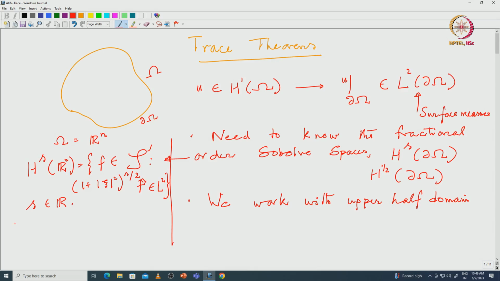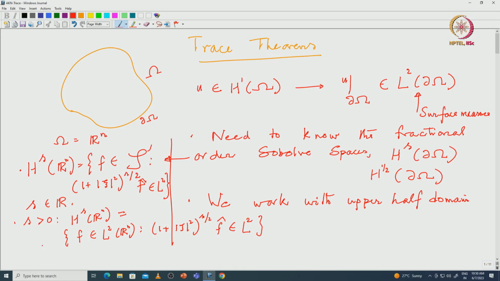But when s is positive, there is an immediate remark: you can characterize this a little more, because once s is positive you do not even have to go to tempered distributions. Hs of Rn will be the set of f in L2 of Rn such that the same formula, (1 plus mod psi squared) whole power s by 2 times f hat, is in L2.